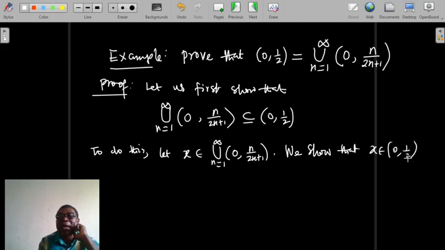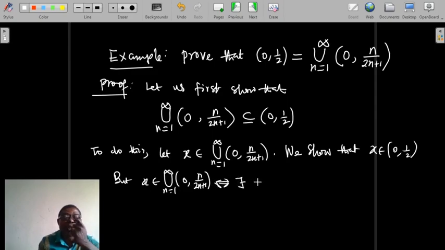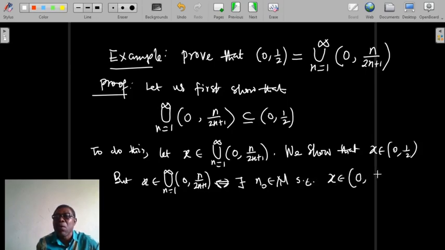And once we're able to show that x belongs to (0, half), then it means that this union is a subset of (0, half). Now, x in the union n equals 1 to infinity of (0, n over 2n plus 1) is actually equivalent to there exists a certain natural number n naught in the set of natural numbers so that x belongs to the interval (0, n naught over 2 n naught plus 1).